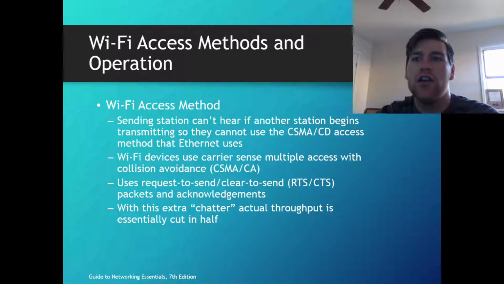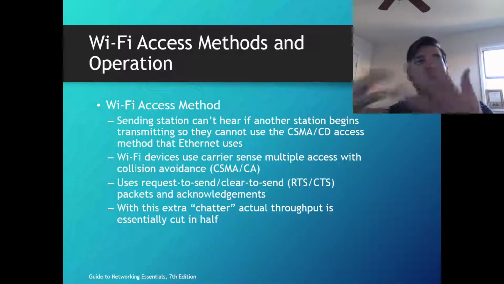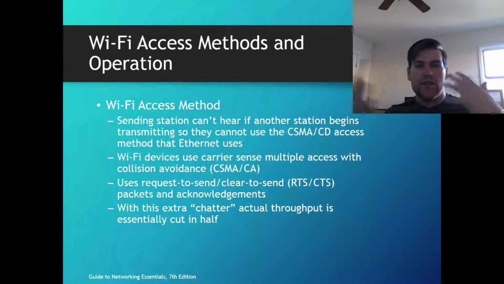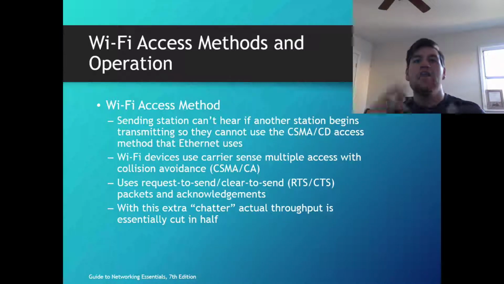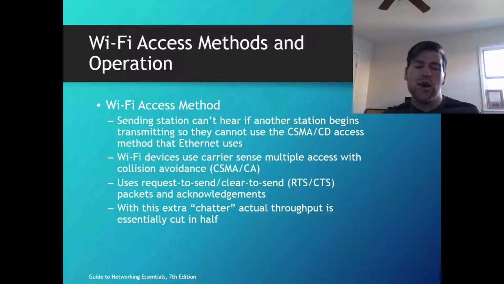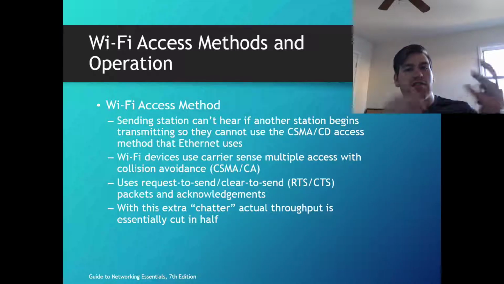But because of all the extra chatter, throughput, which is the actual speed of connection, is cut in half. So your bandwidth might be 100 megabits per second, or really in wireless frequencies, one of the more common speeds is 300 megabits per second. But your actual throughput, because of all the chatter, when you have multiple devices connected up to an infrastructure-based network, multiple devices connected to a single access point, produces extra chatter because everybody's saying, hey, request to send, clear to send, all this extra stuff.